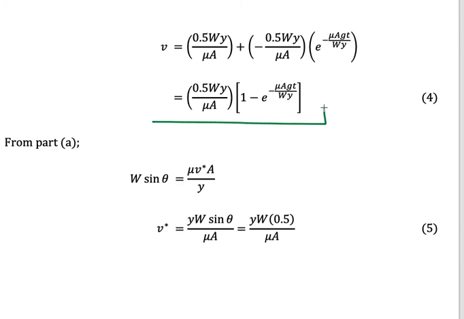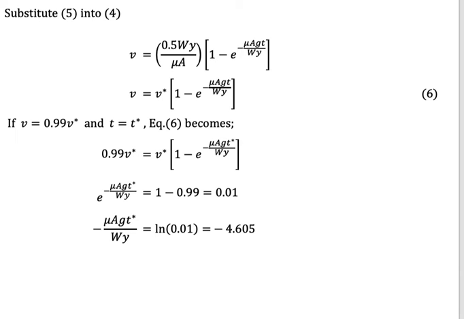Okay, and from the previous calculation in part A, we could calculate the value of the terminal velocity as this one. We rearrange because we want to calculate the terminal velocity, so we write that the terminal velocity is equal to W y times 0.5, the value of sine here, over mu and A. Then we substitute here, and we could replace this term with v star.